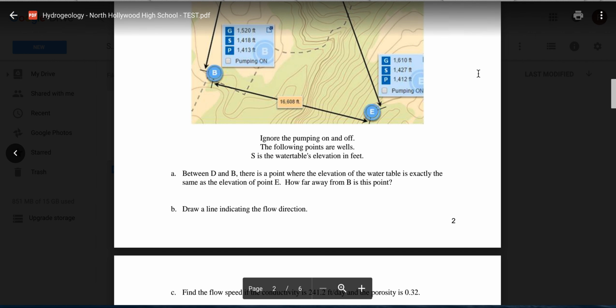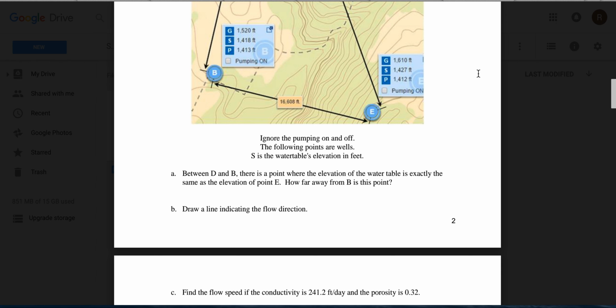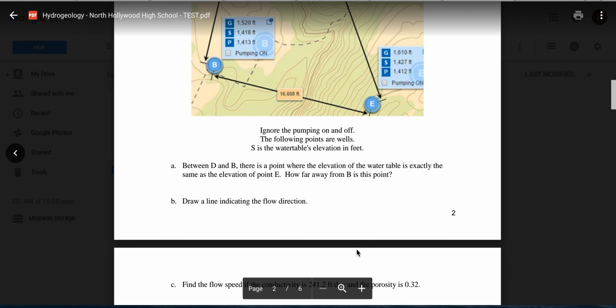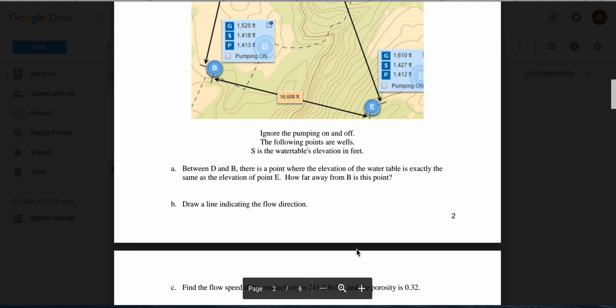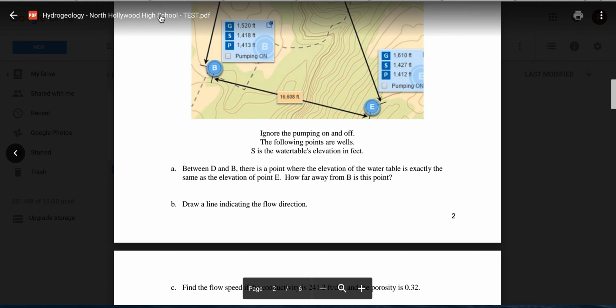So you can plug in those values, and it'd be V equals Ki over n. In other words, it'd be 241.2 feet times the i value over 0.32, and you're going to be getting your flow speed.